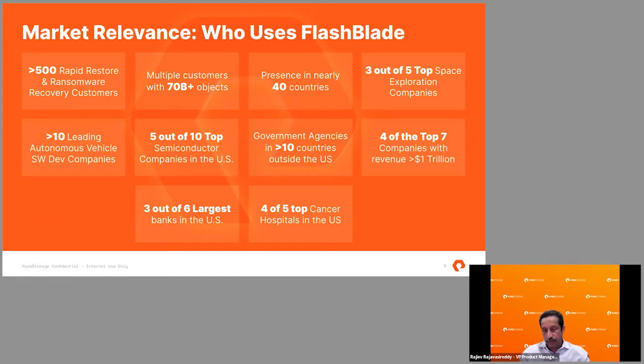When we talk about scale, we're not just talking about the single namespace that we're able to provide with a single cluster, but within that namespace, how you are able to scale your objects, your files, file systems, etc. Rob's going to go into the details of this. So you could see what leading edge customers are pushing in terms of scale, especially with objects. And that system is not sweating at all with 70 billion plus objects in it.